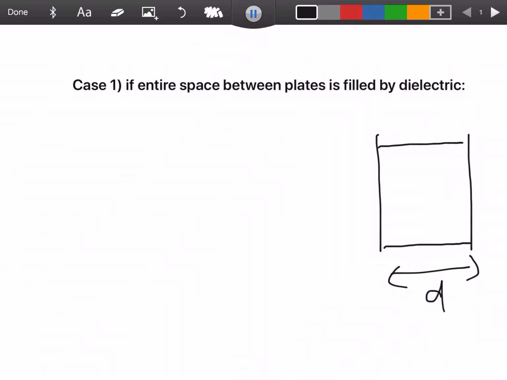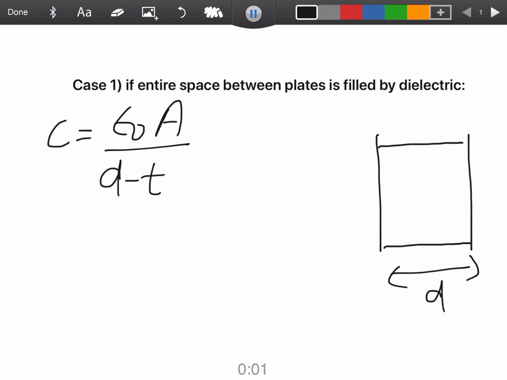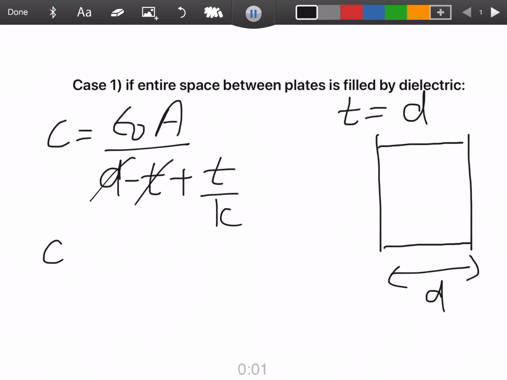So our capacitance now will become, as we have already written it, epsilon naught A over D minus T plus T by K. Now in this case T will become equal to D. So these two will get cancelled, and instead of T we can write D. So our expression will become C is equal to epsilon naught A over D, and this K will go up.